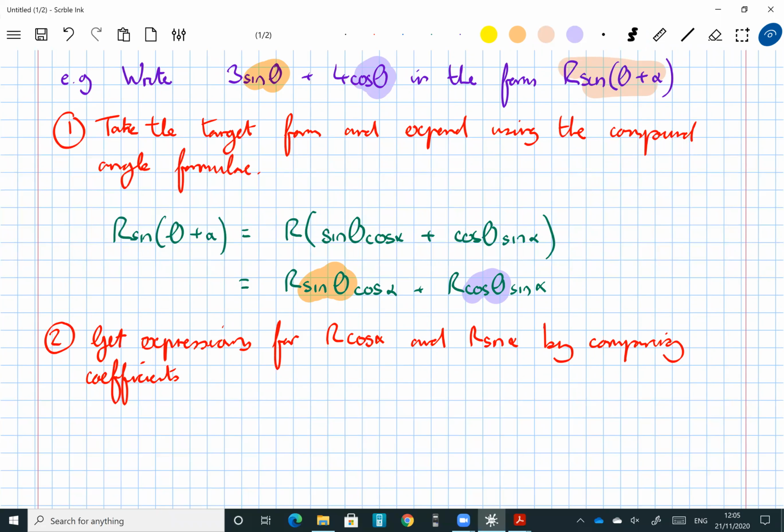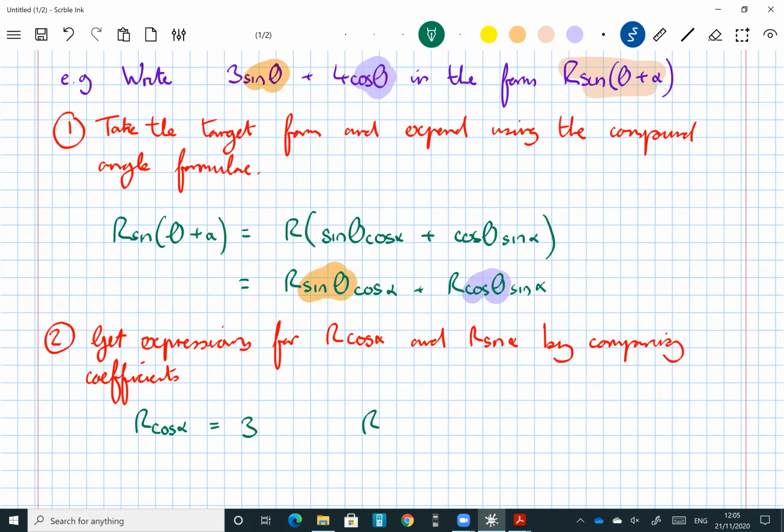So actually, the coefficient here of sine theta is r cos alpha. Sine theta has been times by r cos alpha. Likewise, this one's been times by 3. If these truly are equal, then this bit here, that sine theta is multiplied by, has to be equal to 3. So we've got here the coefficient of sine theta, which is r cos alpha, equals 3.